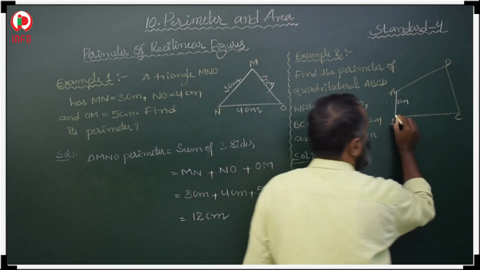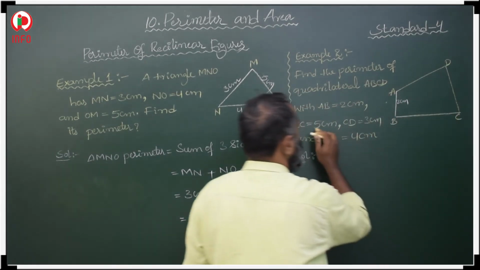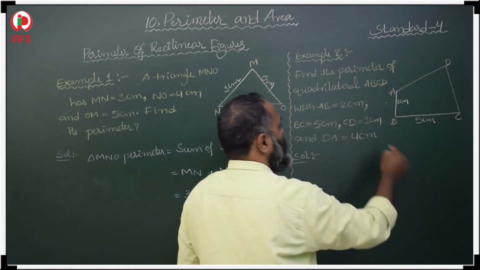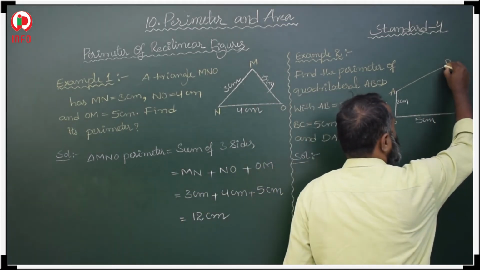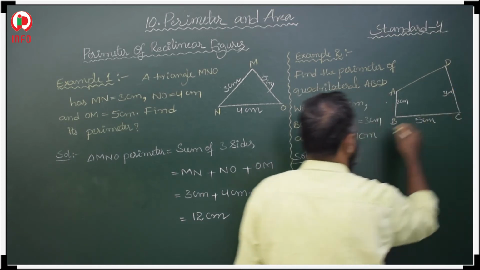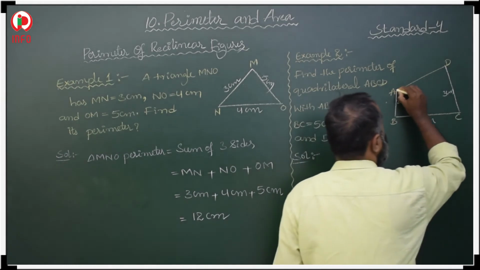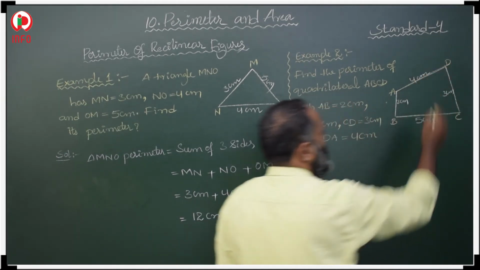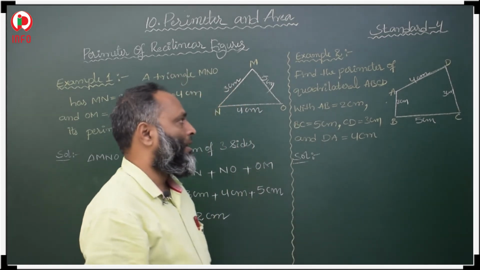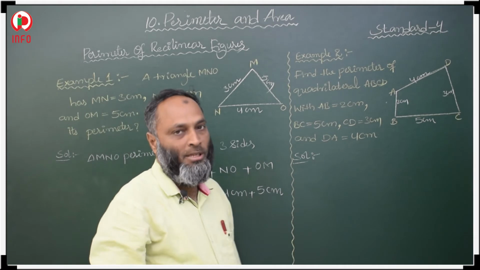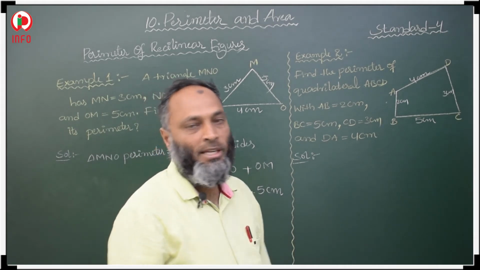Next, BC side length is 5 centimeters. Next, CD side length is 3 centimeters. Next, DA side length is 4 centimeters. So these are the lengths of the quadrilateral. Then we should find the perimeter. Perimeter means the sum of all the 4 sides.